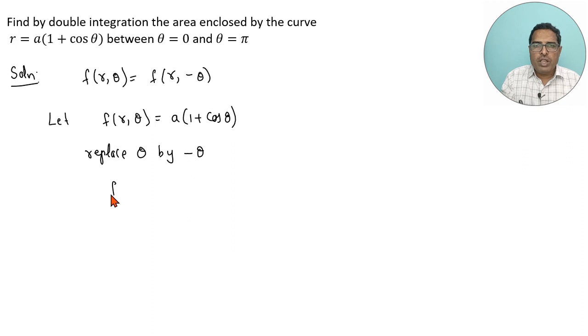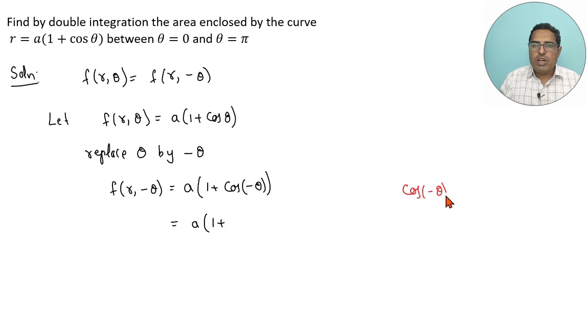So we get f of r comma minus theta is equal to a into 1 plus cos of minus theta. What is the value of cos of minus theta? Cos of minus theta will be cos theta itself, right?